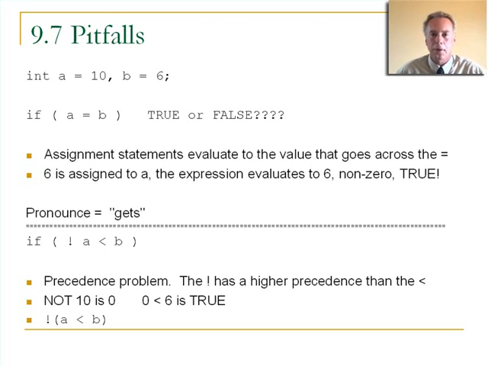A couple of pitfalls here. When we first started out in this, I said, here's the assignment operator. It's a single equal sign, and you should pronounce it "gets." So if you say A gets 10, as opposed to saying A equals 10, then here is the problem that you won't encounter.